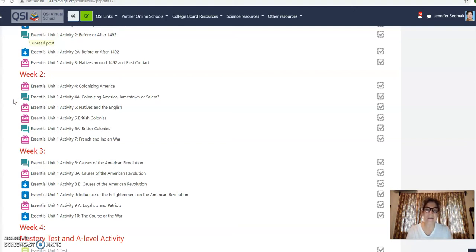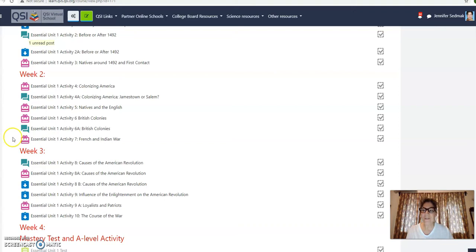And we see that the South was largely concentrated on a plantation based system. So again, in week two, that's what you're really looking at: how the British 13 colonies came to be and how different they were from each other.